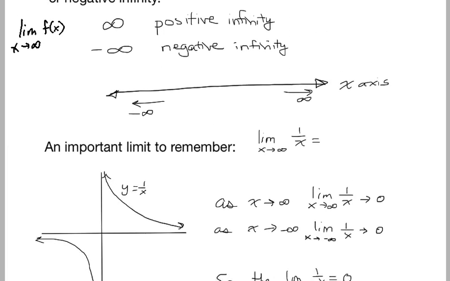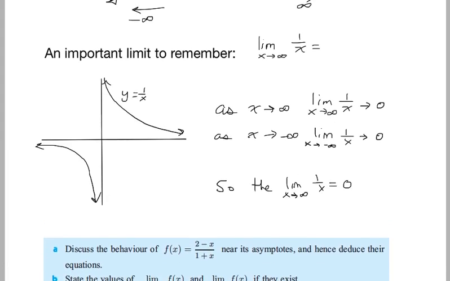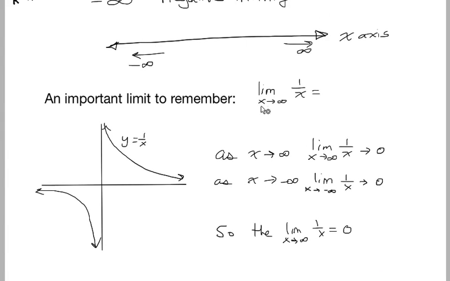Okay? Alright, so let's take a look at an important limit that you will be required to remember, and that's this limit right here. The limit as x approaches infinity of 1 over x. Well, what's 1 over x? Okay, our function here is 1 over x, and that is the rational function, if you recall, and it looks like this graph right here.